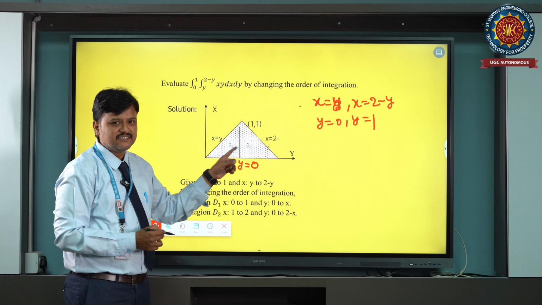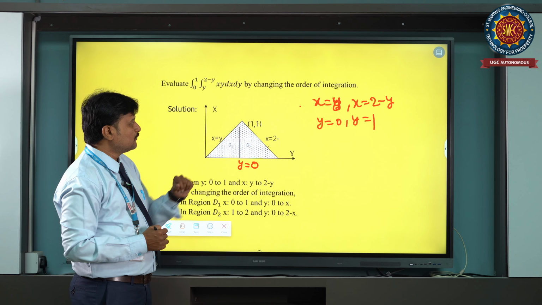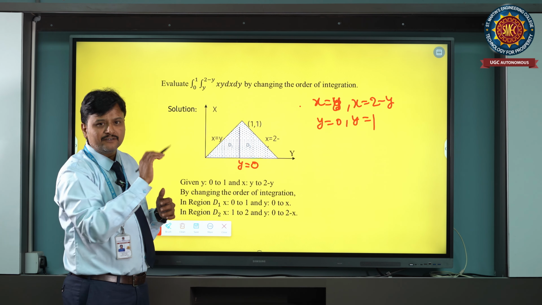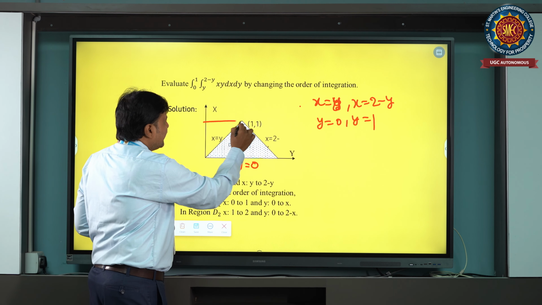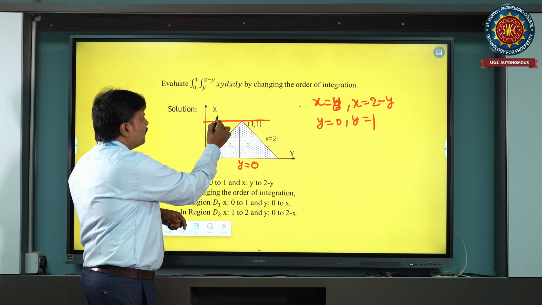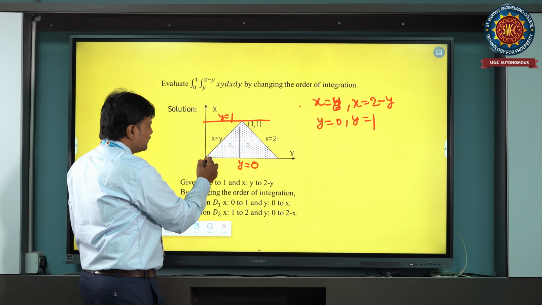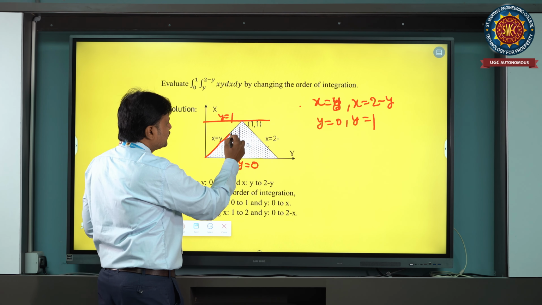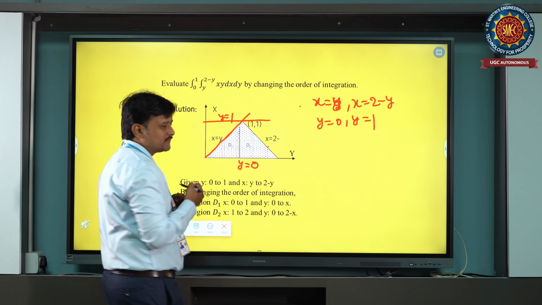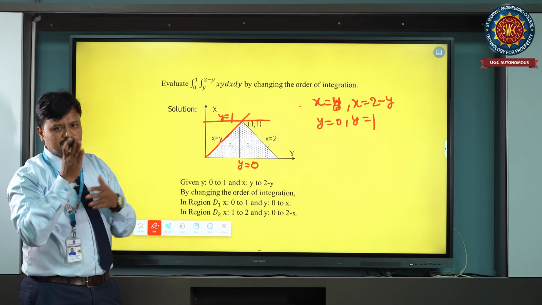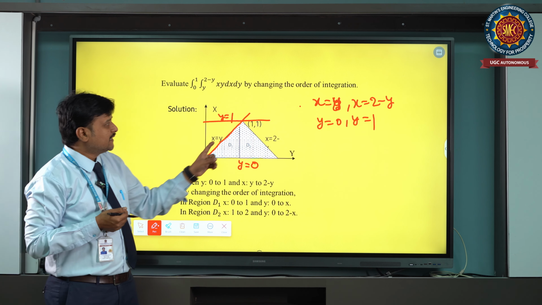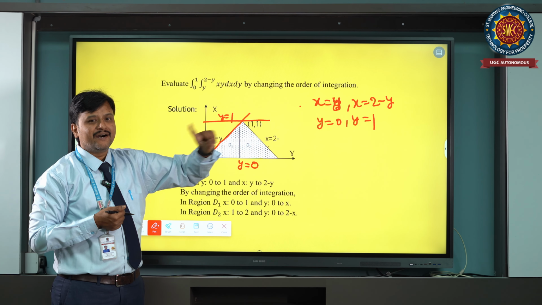On the x-axis, y is equal to 0, and y is equal to 1 is parallel to the x-axis. This is the y is equal to 1 line, and this red line is x is equal to y, which is passing through the origin, and then x is equal to 2 minus y.